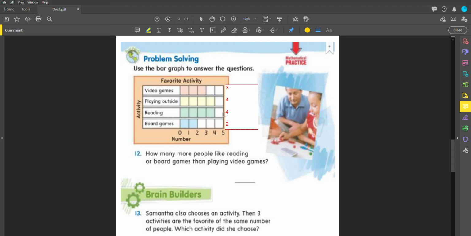Let's see the rating. We have 4. So, think about it and then I will answer.